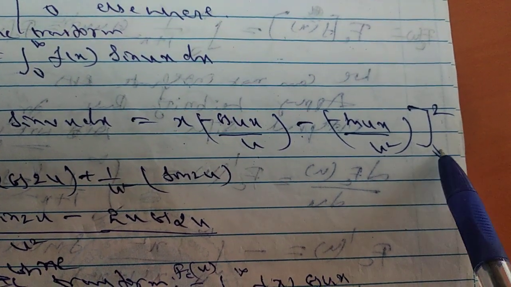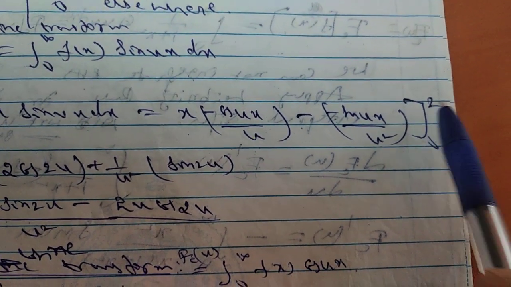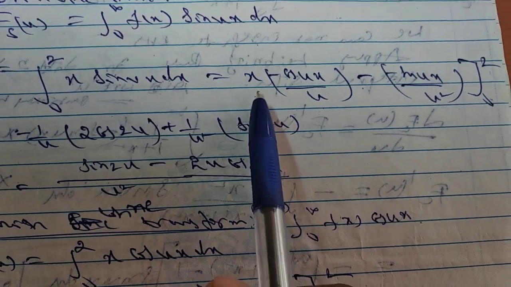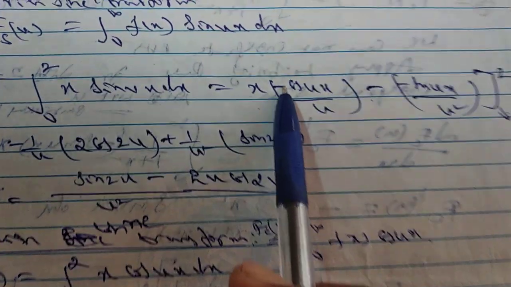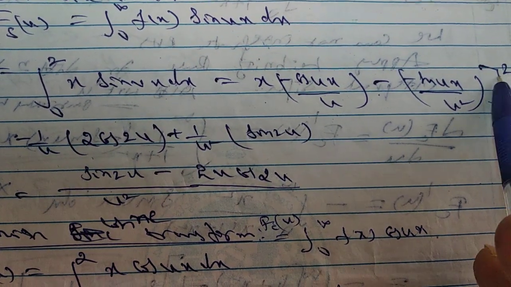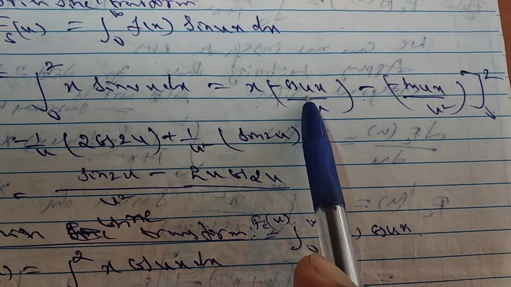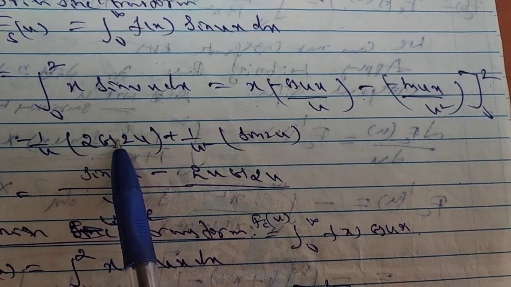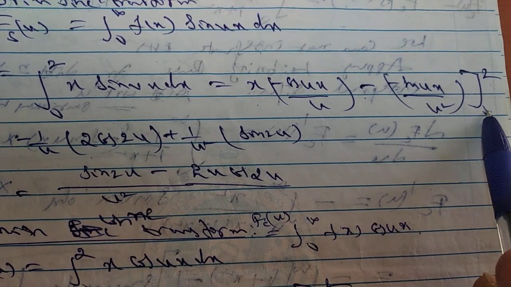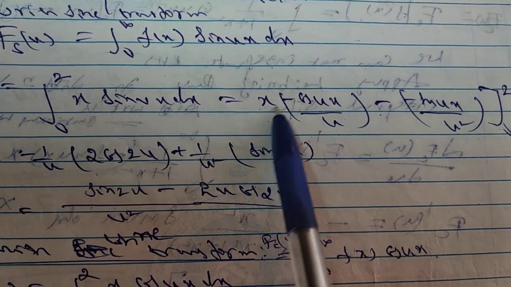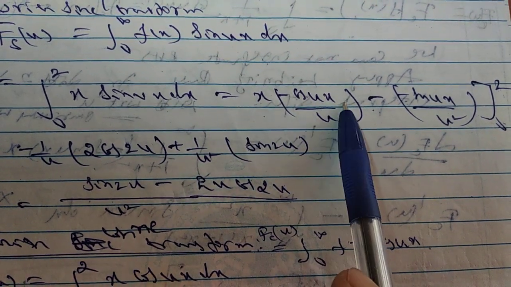Now you have to apply the limits: first the upper limit minus the lower limit. Take minus 1 by u outside. At the upper limit x is equal to 2, we get 2 cos(2u), minus the lower limit x is equal to 0. Here x is 0, and 0 into any value becomes 0. So the lower limit is 0.